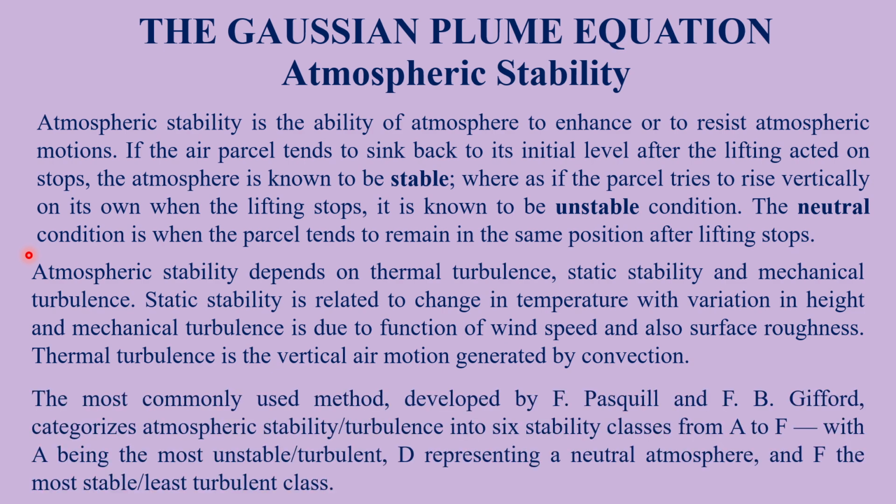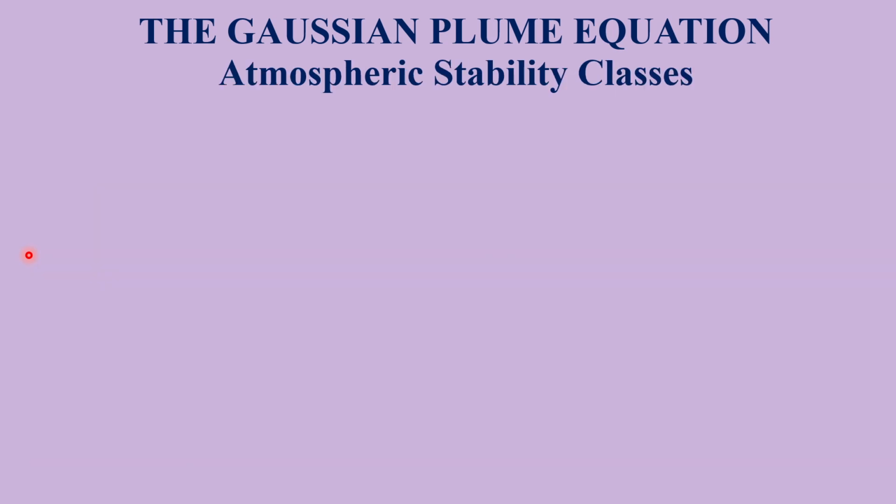Now, the most common method, developed by Pasquill and Gifford, categorizes atmospheric stability or turbulence into 6 stability classes from A to F, with A the most unstable, D the neutrally stable, and F the most stable or least turbulent class. We know this because we have discussed it in my last two videos.